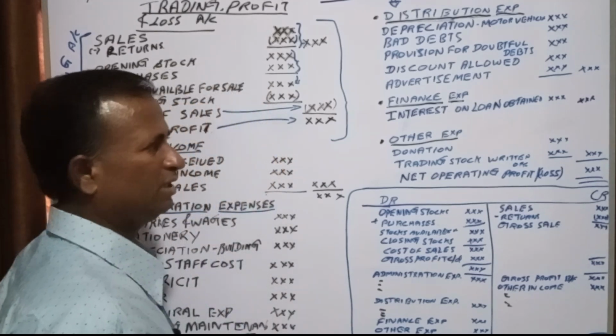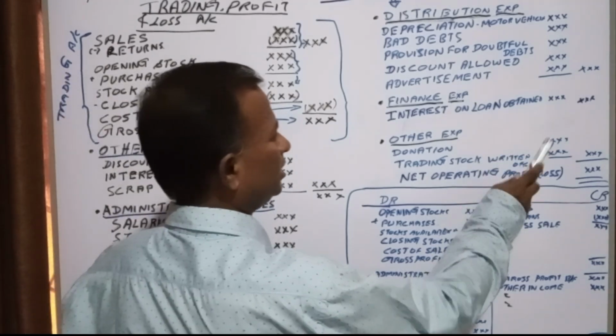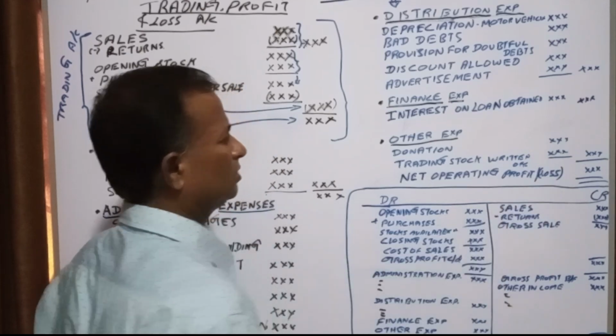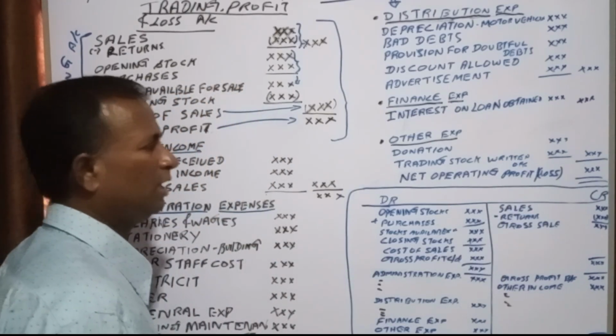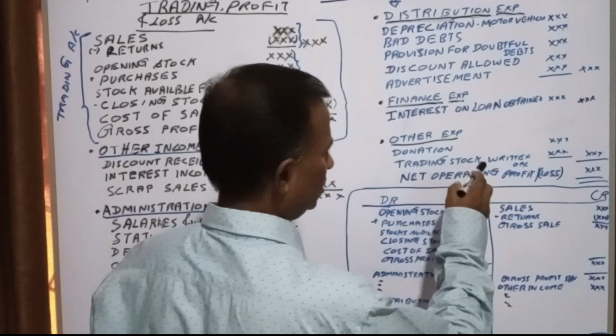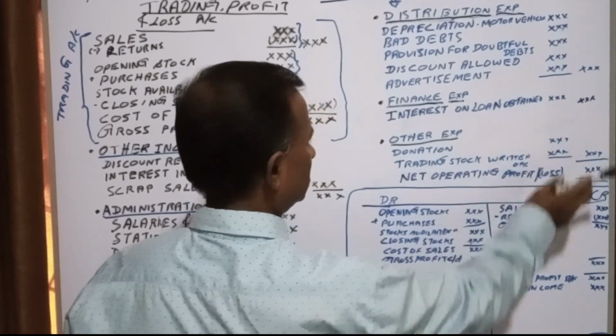If we cannot sell and dispose of it, we have to write it off from our books of accounts rather than keeping it for a long time. So the trading stock written off amount comes here.